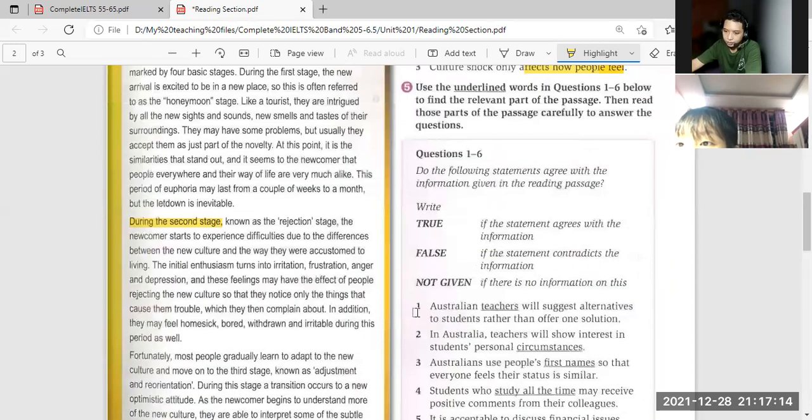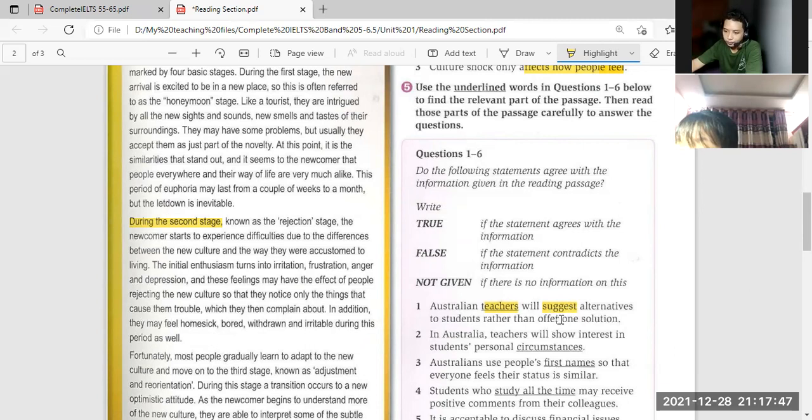Can you read number 1? Australian teachers will suggest alternatives to students rather than offer one solution. Very good. Here, pay attention to the underlined words: teachers, will suggest. Do you understand that?